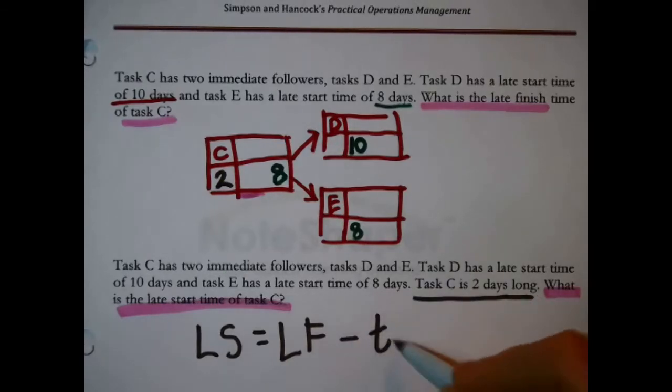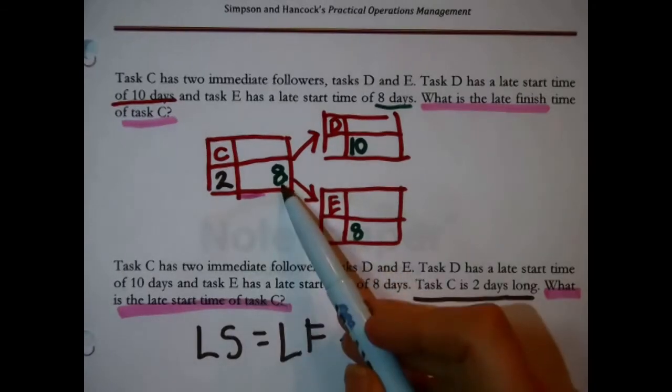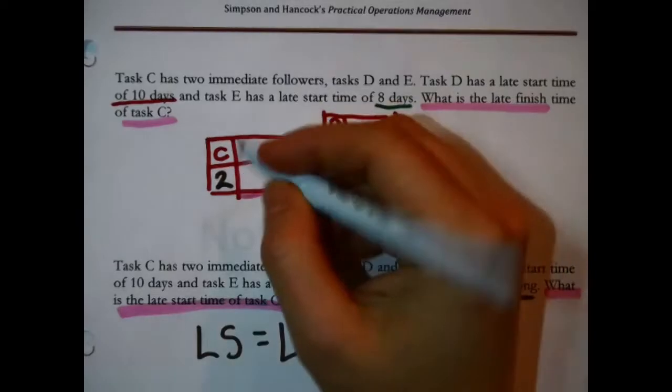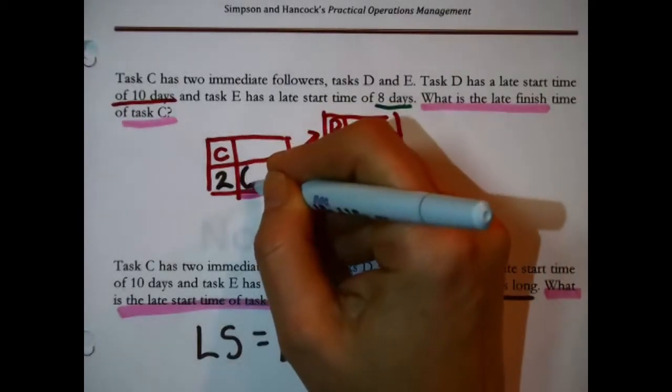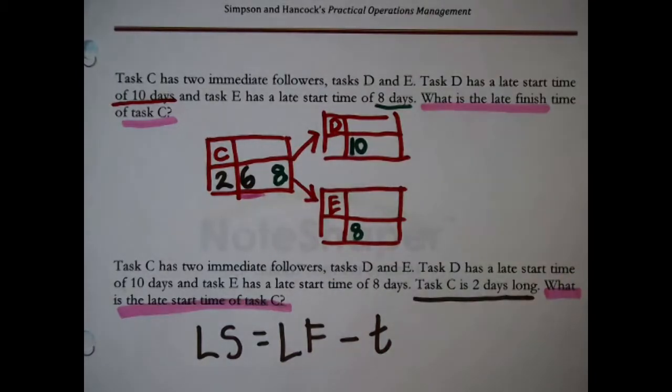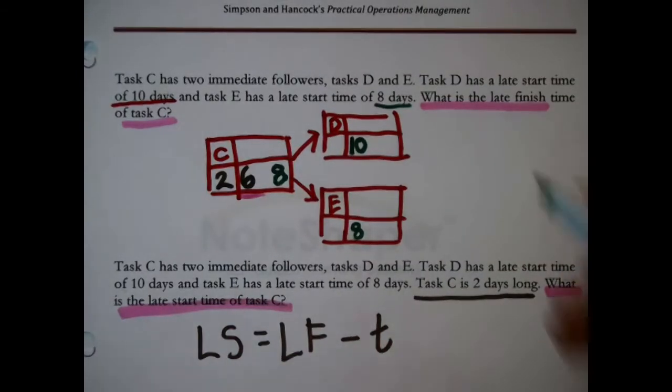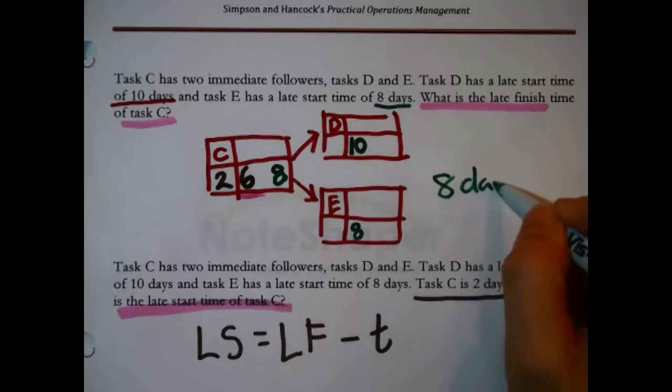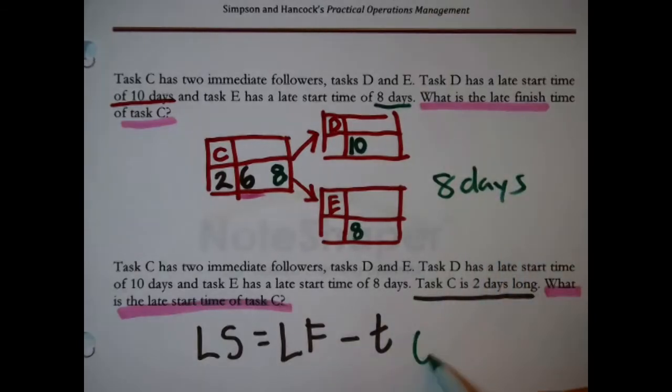I'm just going to write a little lowercase t. In that we know that it has to finish in 8, 8 minus 2. All right, we're backing up in time. It needs to start at the latest in 6 days. So up here, the answer was 8 days. Down here, the answer is 6 days for the 8 minus the 2.